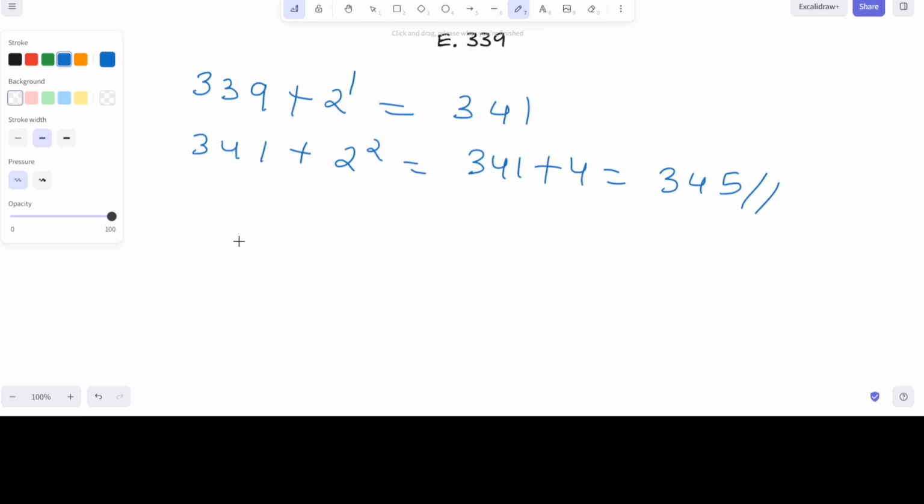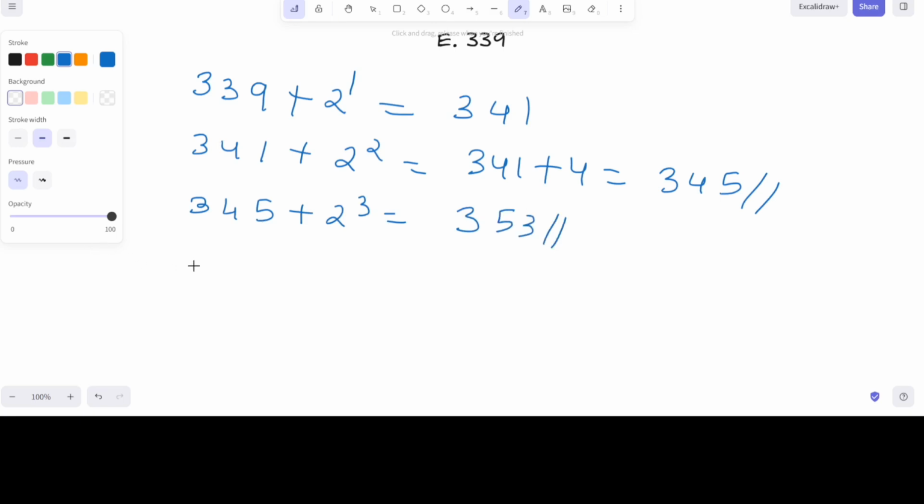So how to get that? We should take the previous term, 345, plus 2 raised to 3 equal to 353.